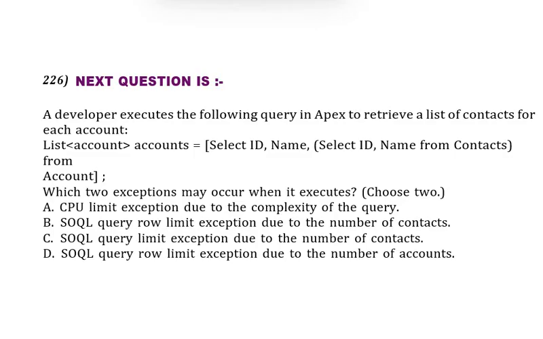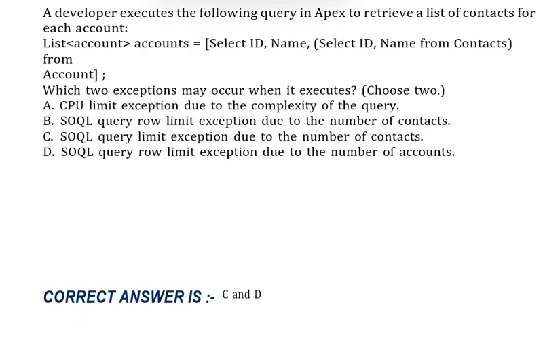Option A, CPU limit exception due to the complexity of the query. Option B, SOQL query row limit exception due to the number of contacts. Option C, SOQL query limit exception due to the number of contacts. Option D, SOQL query row limit exception due to the number of accounts. Correct answer is option C and option D.